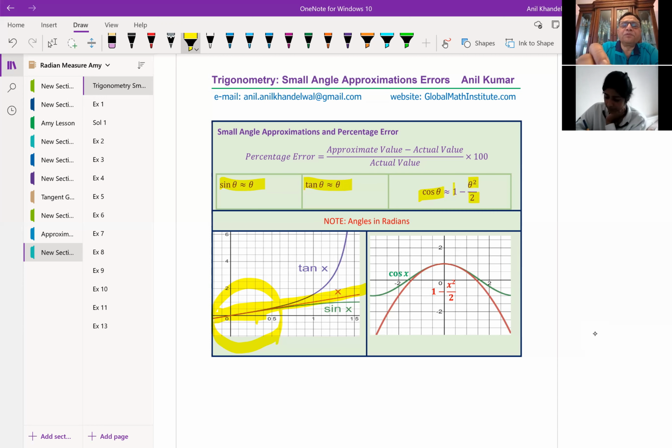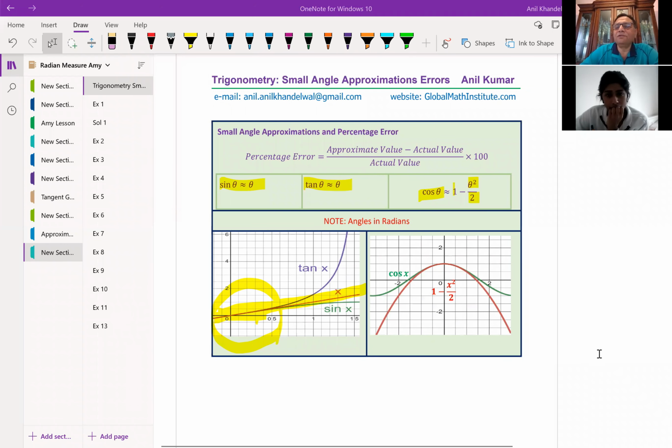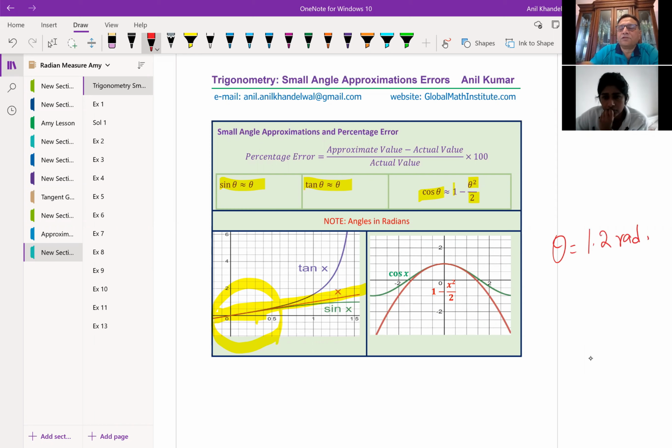So I'd like you to look at the graph and tell me, for a particular angle, let's go back to the screen. Can you see the screen? Yes, I can. So let us say I take an angle theta equal to 1.2 radians. If theta is 1.2 radians, this is 1, that is 1.5, so it is approximately here.